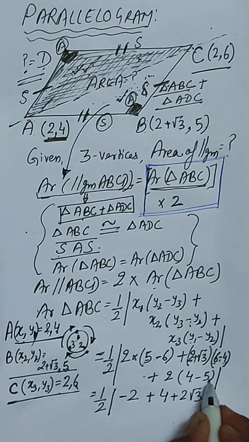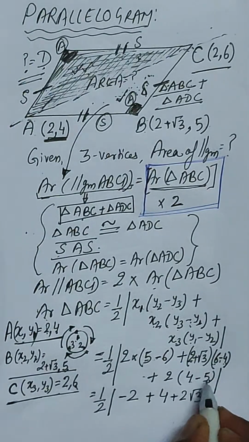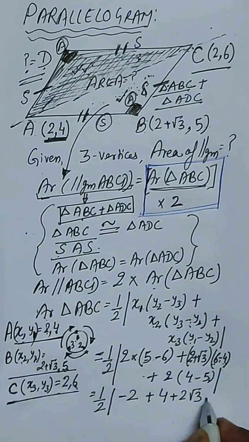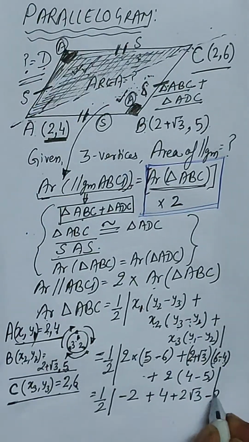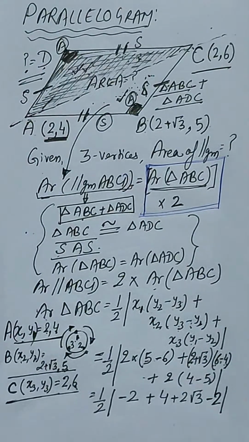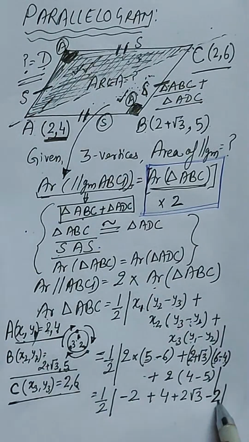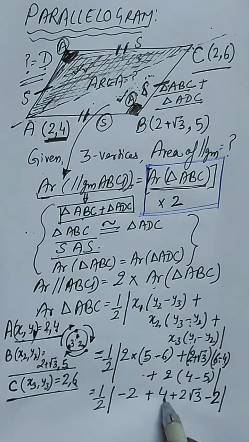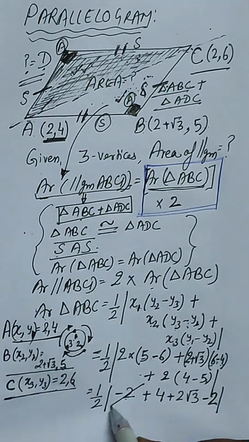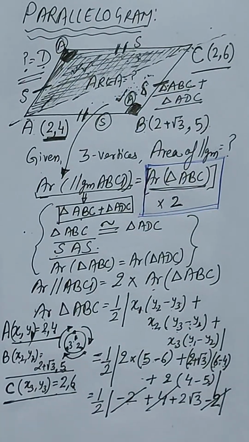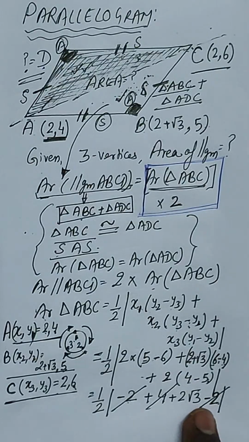And 4 minus 5 is minus 1. Minus 1 into 2 becomes minus 2, and the mod sign is closed. So minus 2, plus 4, and minus 2: minus 4 and plus 4 cancel, and we are left with 2 root 3.